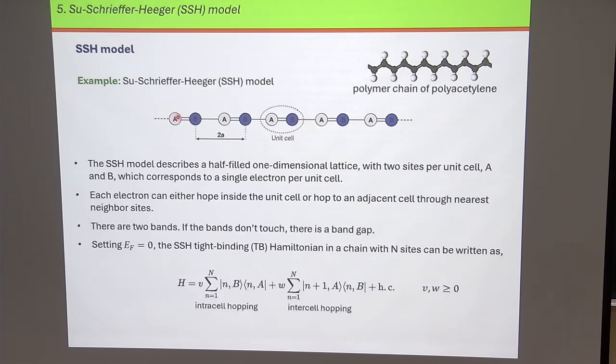You can have hoppings between A and B here, or hopping from A and B from different cells, from the N to the N plus 1 cell, here. I will assume that V and W are larger than or equal to 0, so they are real and equal or larger than 0, just for simplicity. You can consider more general cases if you want, but let's keep it like that for simplicity.